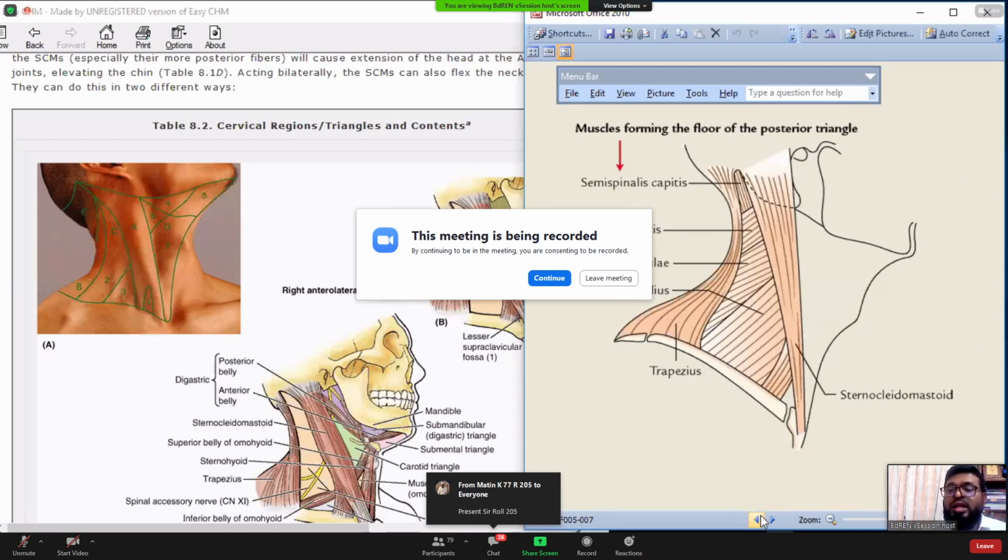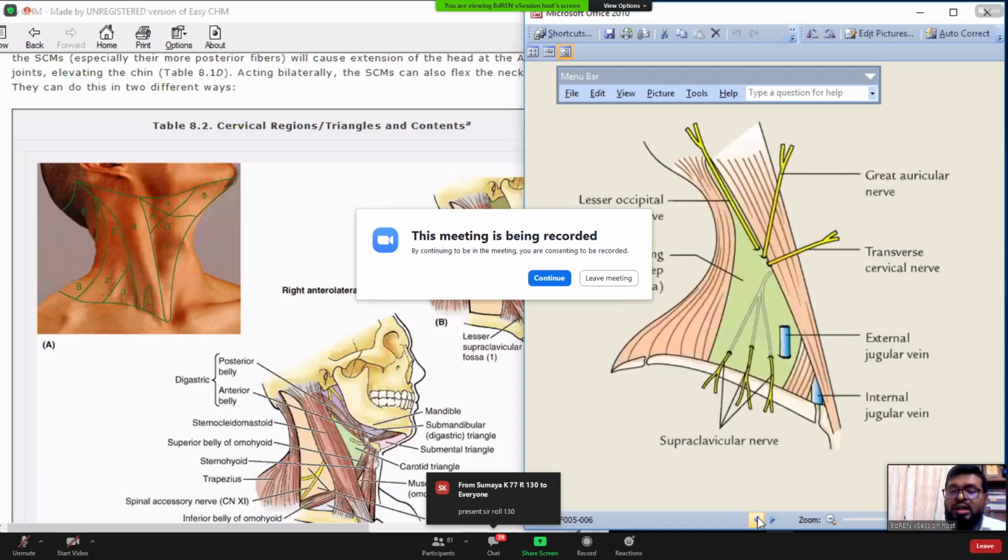These are for the anterior triangle. But for the posterior triangle, two important muscles are the sternocleidomastoid and, do you know which muscle this is? Trapezius muscle, right.